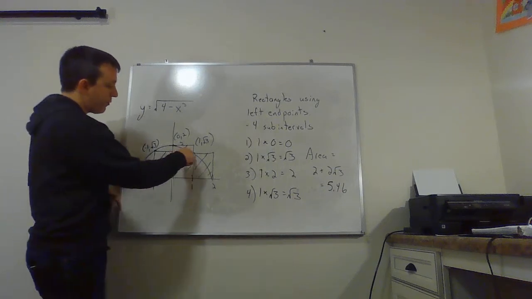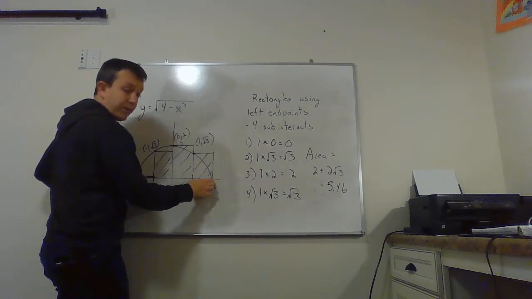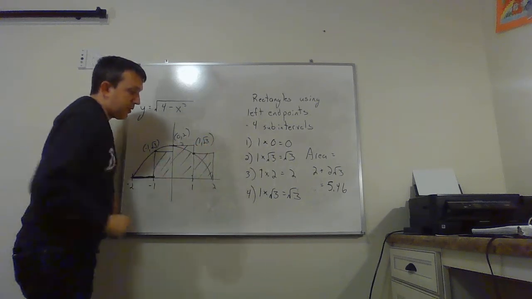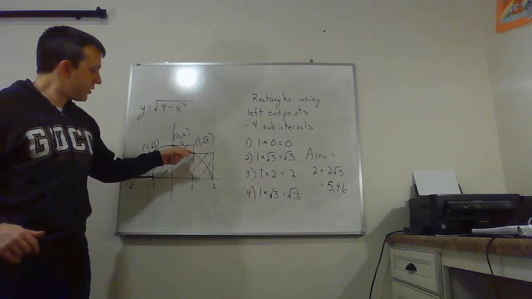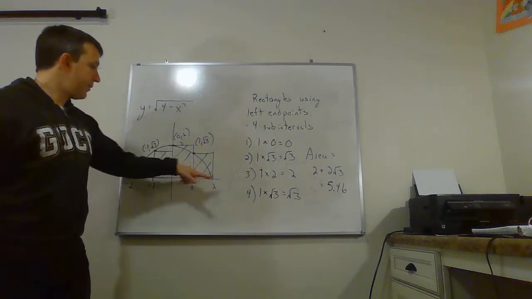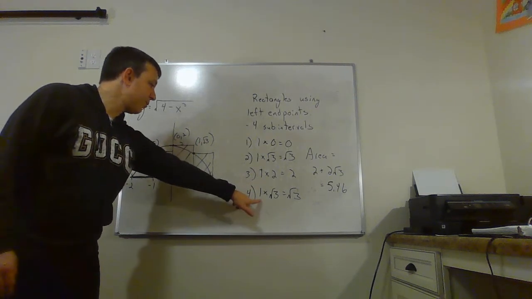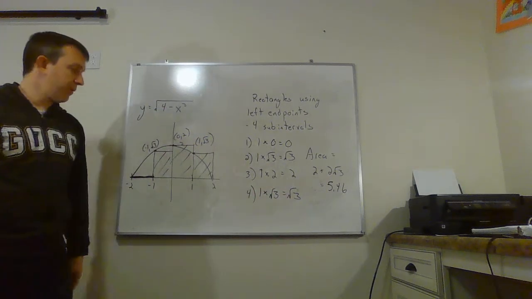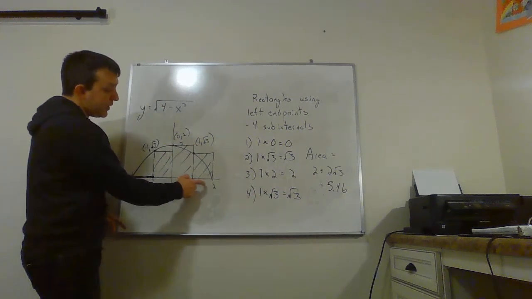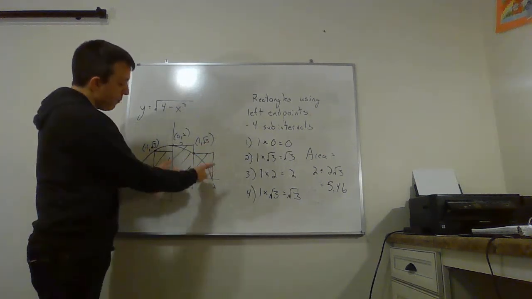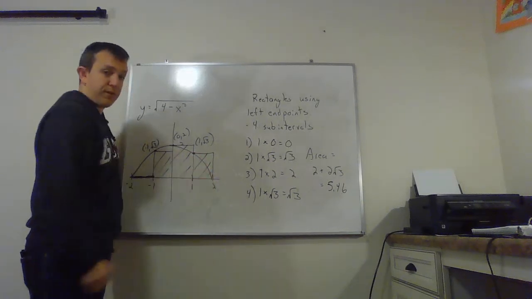So I make a rectangle that has a width of 1, because that's the length of my subinterval, and a height of the square root of 3, using that left endpoint where it hits the graph. That's my fourth rectangle. It has a width of 1 and a height of square root of 3 for an area of the square root of 3. That particular rectangle is an overestimation of the area, right? It's got more area in there than is actually under the curve.